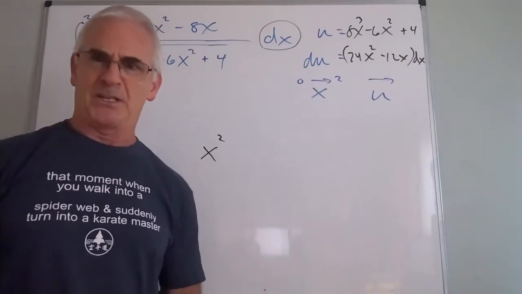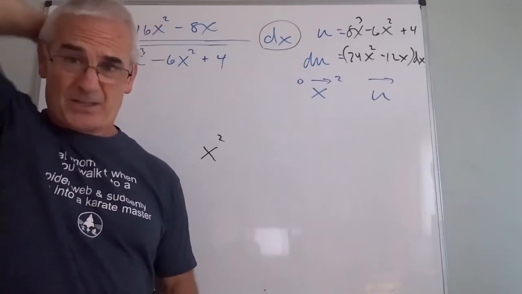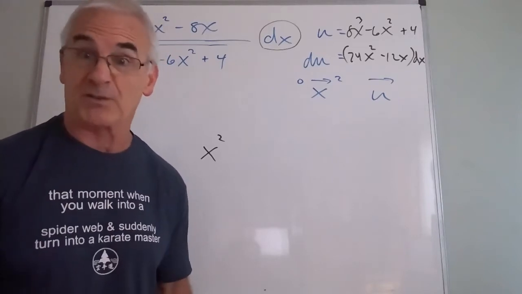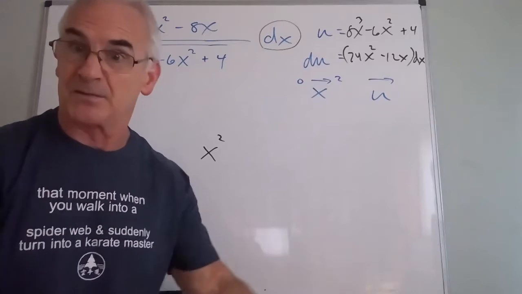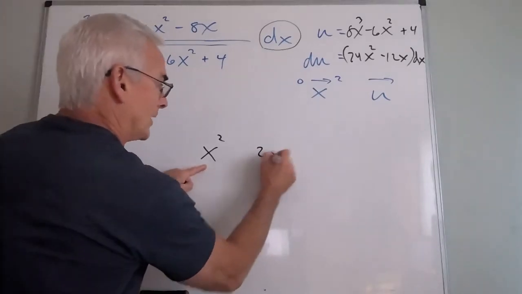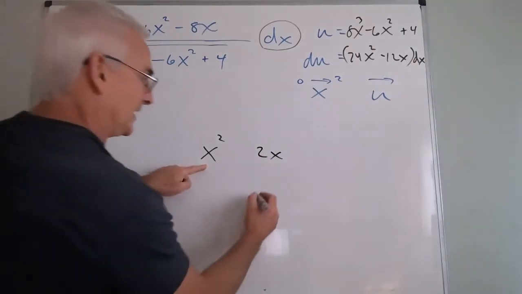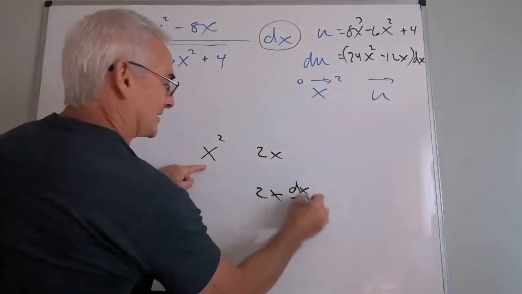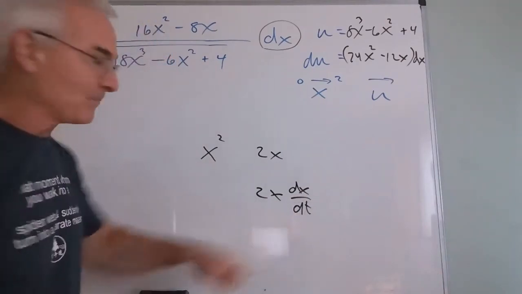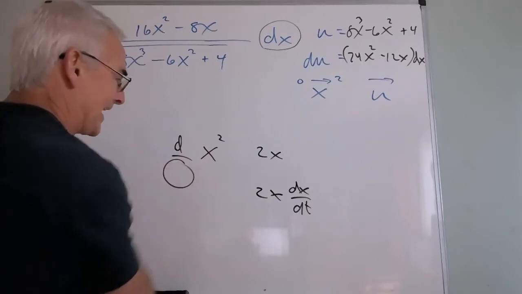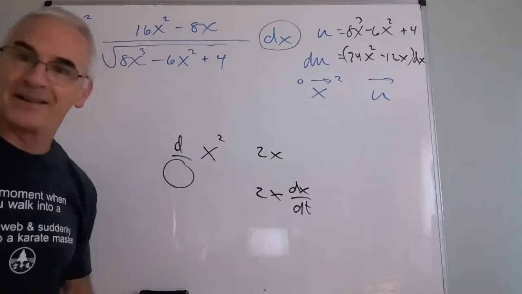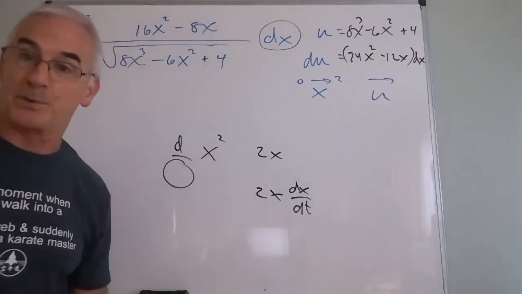So why would it be with respect to t? Because every application you will ever do, this will be a composition of functions. X will be a function of something else. Always. If this is physics, there's no x. There's going to be x of t. So if I said take the derivative of this with respect to x, you'd say the answer is 2x. But if I said take it with respect to t, then it's 2x dx/dt. That matters. So when I write my d whatever, that's the most important thing, because that tells me, is this a composition of functions or an independent variable?